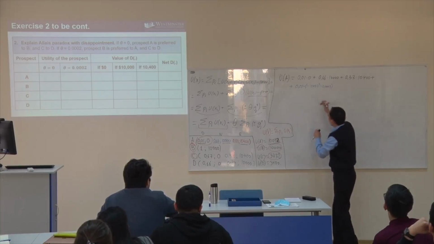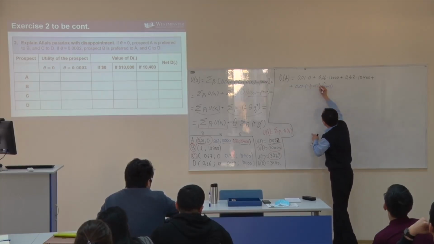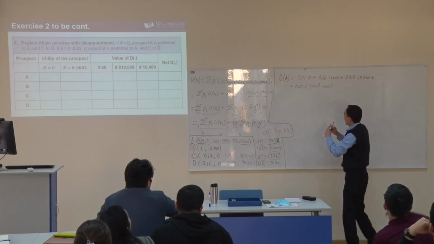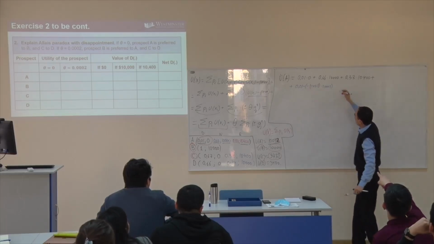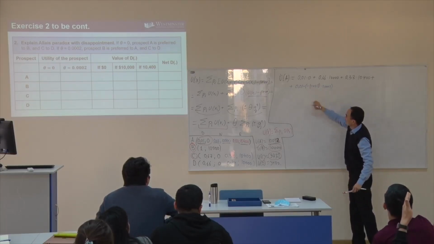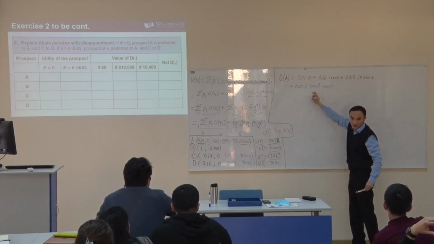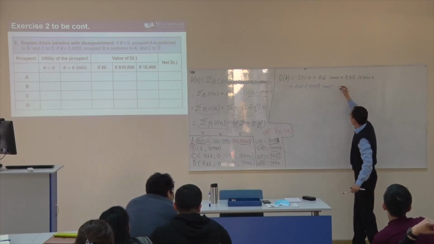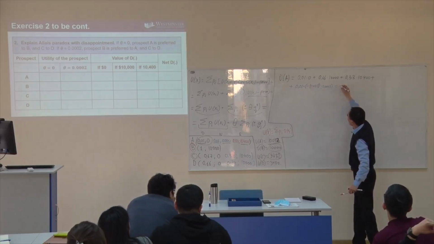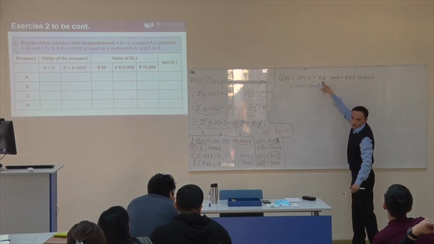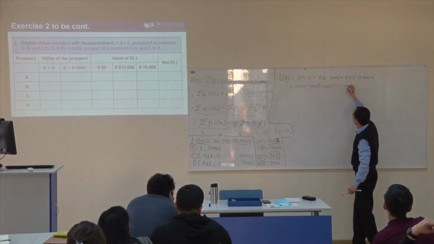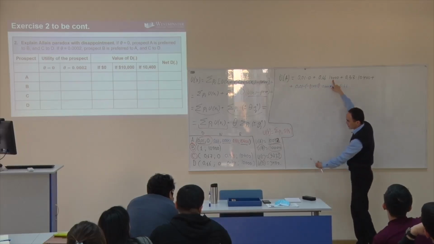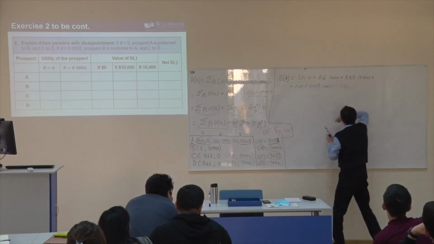And don't get confused. This square is for this one only. This minus is not. You have to put minus also. So it will be minus. Next one, plus 0.66 probability that I will get 10,000, and it is how much less than expected utility? 32.